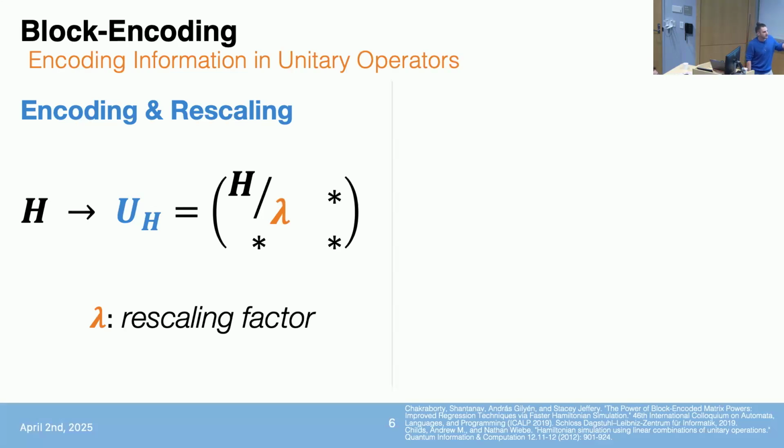In here, we have it in the upper left-hand block of our unitary. That's just convention. But you can imagine that if this unitary acts on more qubits than our system, we call those ancilla qubits, so they're additional degrees of freedom. And the upper left-hand block just corresponds to all of those ancilla qubits being in the all zero state.